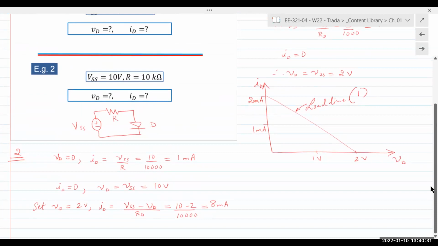Sorry, 0.8. So I can then plot, say this is 0.5. Let me call this 0.8.